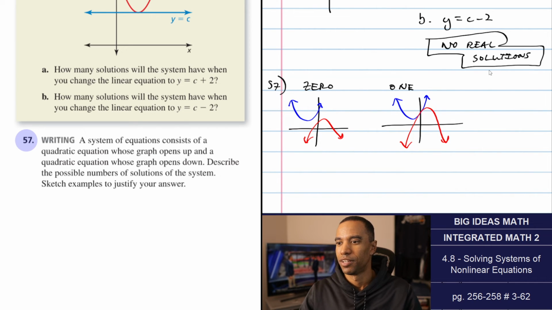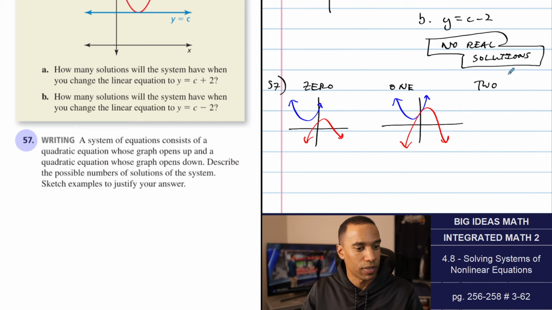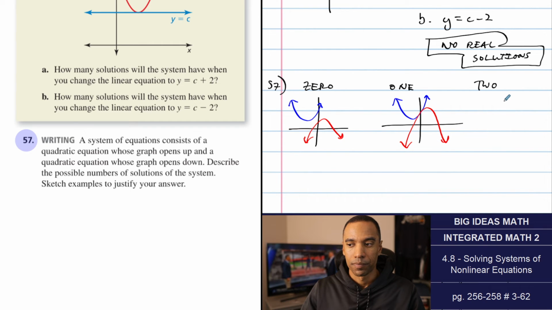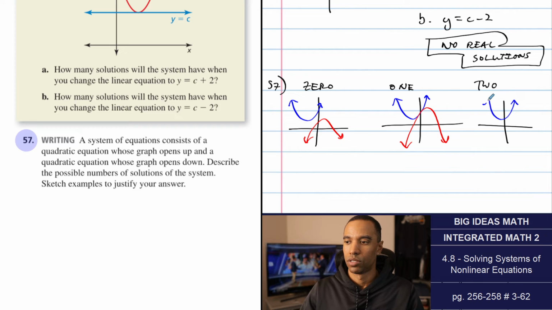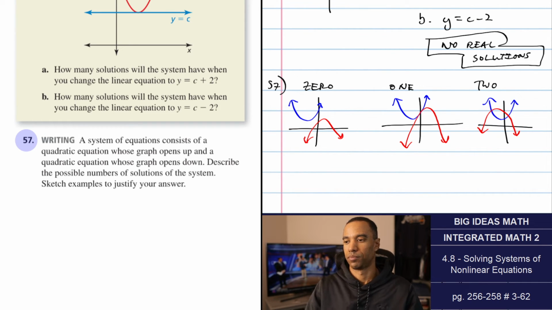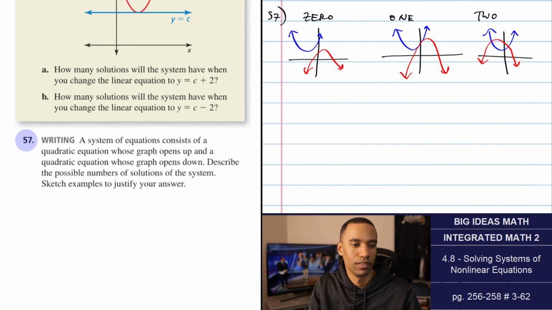And then we could have two. I don't know what that equation would look like. Hopefully they don't say come up with equations. But two, totally. All right, there's number 57.